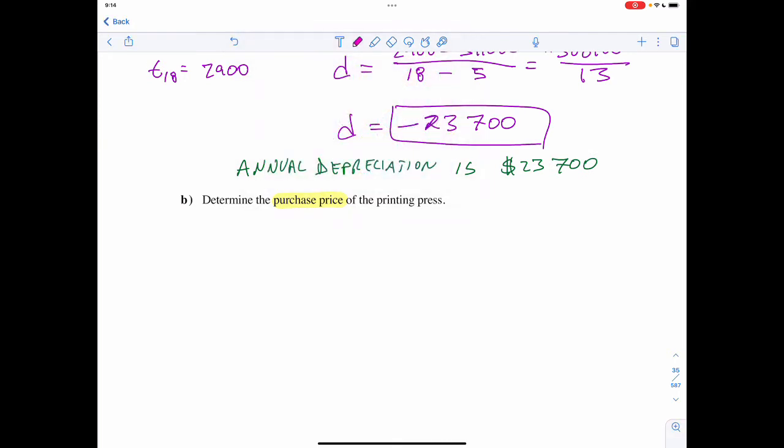I'm going to say that 311,000 was equal to my first year. Let's just call it A for right now, because it would actually be term 0 in this case. And then I'm going to add to that, 5 years had passed, and it was going down by $23,700 every single year.